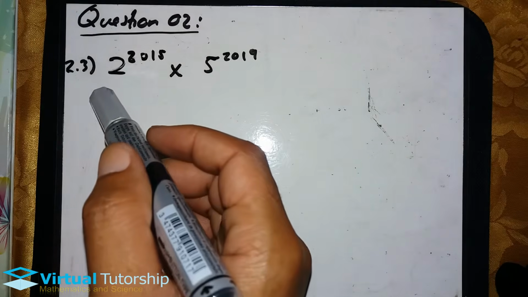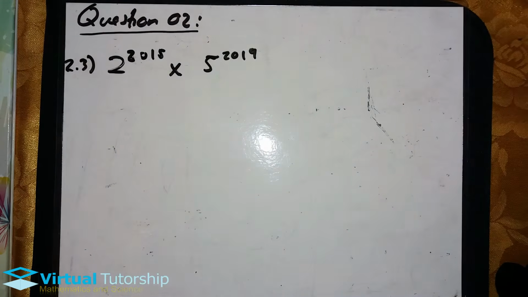So we look at 2 exponent 2015 times 5 exponent 2019, and they tell us to find the sum of the digits of this product. What is the sum of the digits for this product?